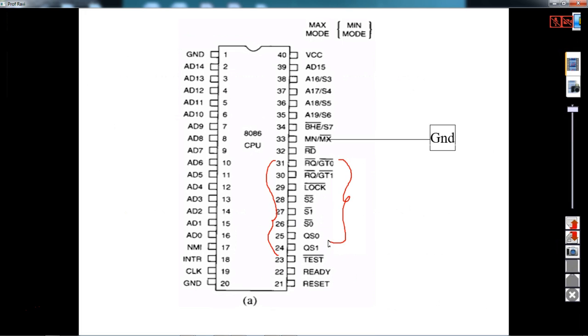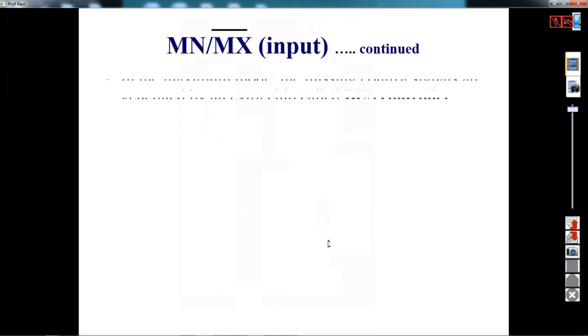So this is minimum mode and maximum mode of operation.